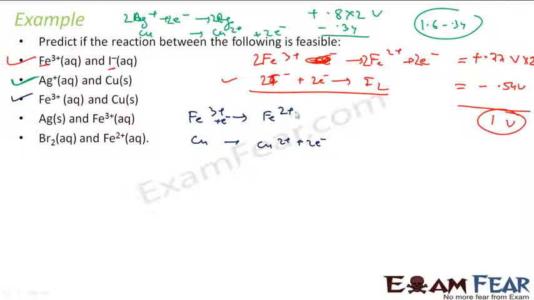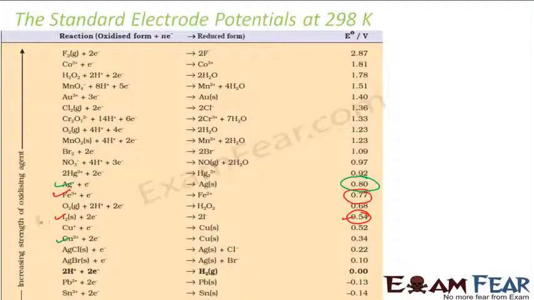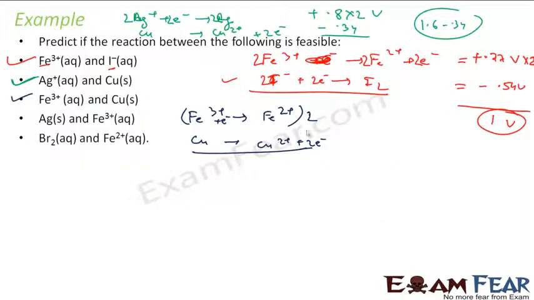So this is 1, this is 2, we will multiply this by 2, and then you add, and you will get the balanced reaction because the electrons cancel. Now let's go to the chart. Fe3+ to Fe2+ is 0.77, and 0.77 into 2 is the value here, positive.